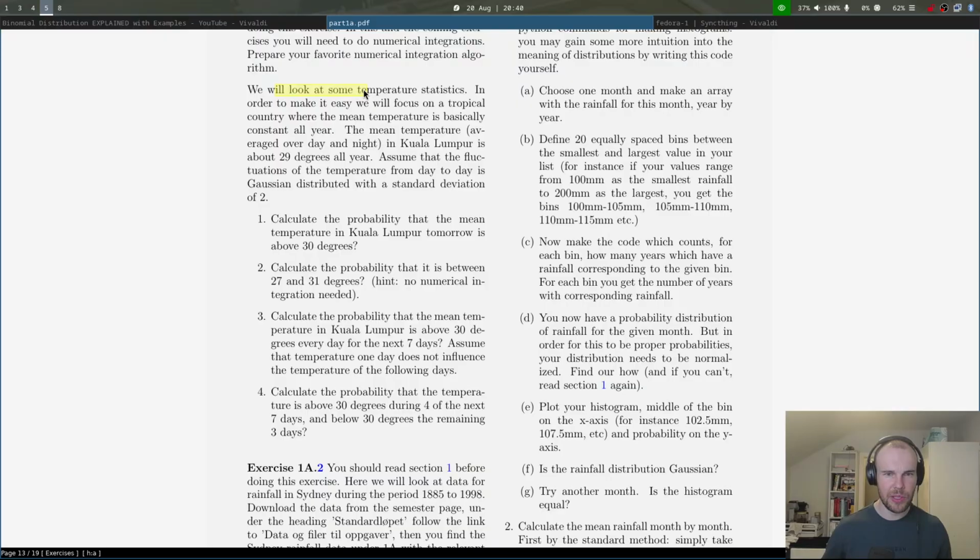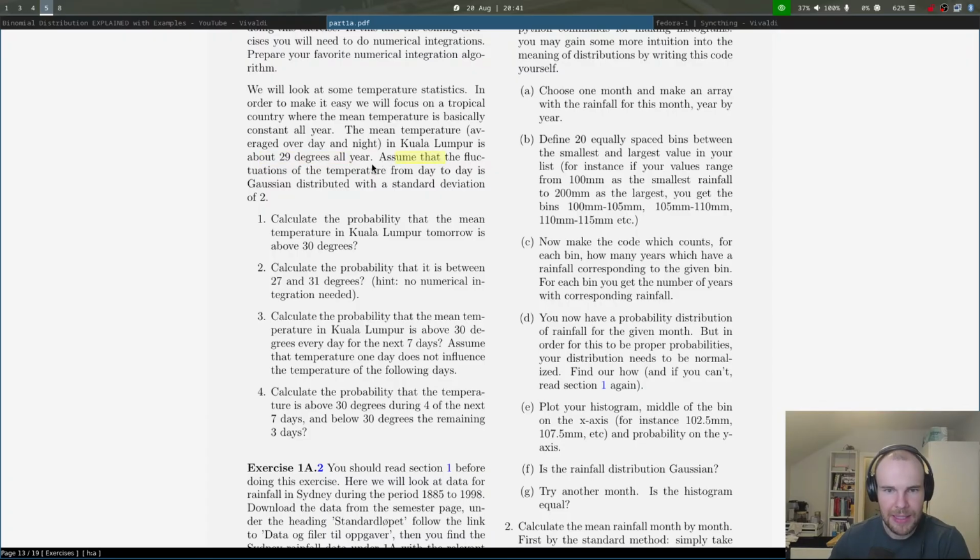We will look at some temperature statistics. In order to make it easy, we'll focus on a tropical country where the mean temperature is basically constant all year. The mean temperature, average over day and night in Kuala Lumpur, is about 29 degrees all year.